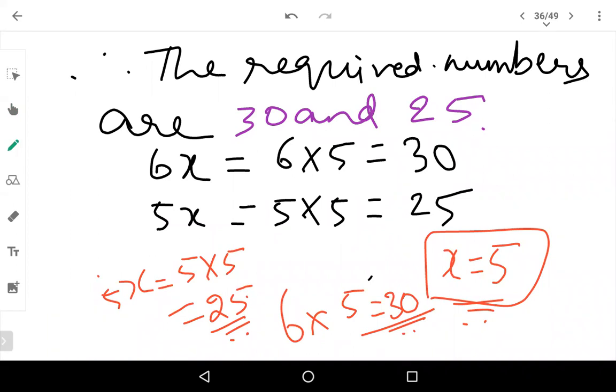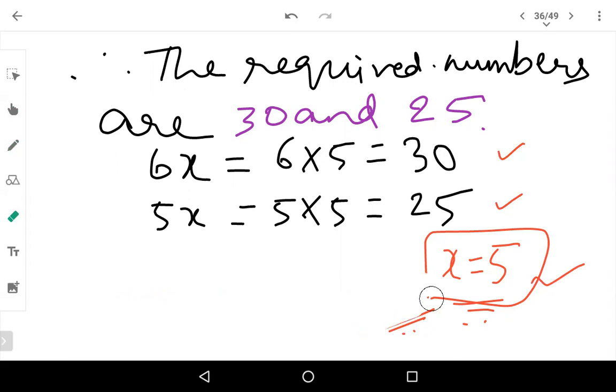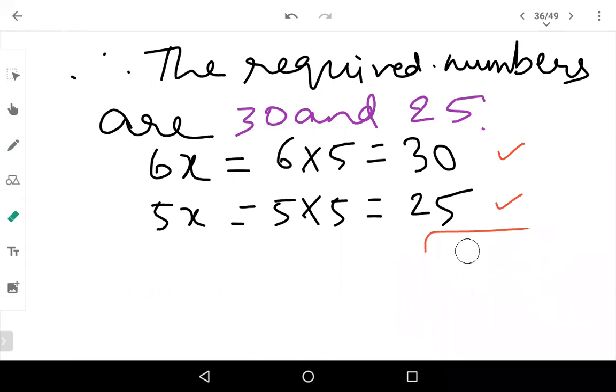Fine. So the required number is not just x is equal to 5, but we are supposed to find out 6x and 5x values. So 30 and 25 are the actual required numbers for this question. Clear? Understood?